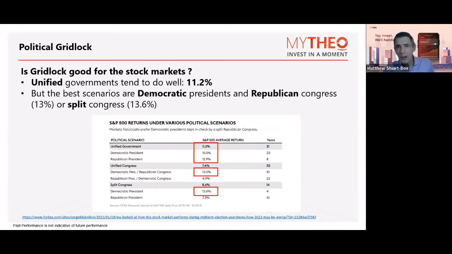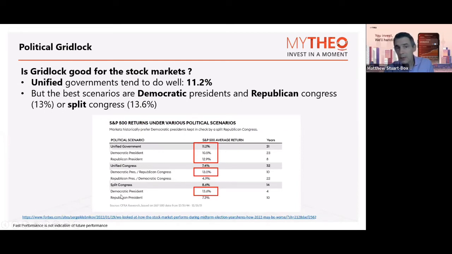And what comes out here is the S&P's returns are actually strongest in these split environments. And in particular, these cases where you have a Democratic president and the Republicans controlling Congress, so the Republicans holding both the House and the Senate. In this case, the average return of the S&P is 13%.